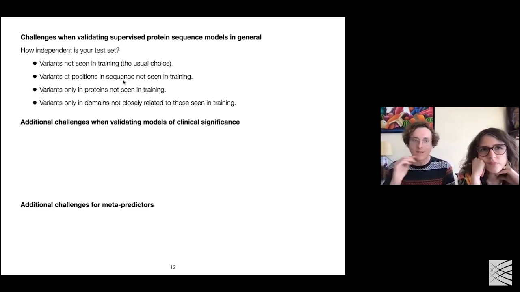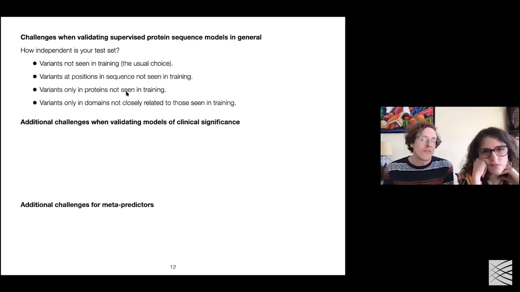So maybe as a better test of the generalizability of the method, you might want to do your test train split to avoid having in your test set any variants at positions that were seen during training. However, you could take it even further and say, well, I'll only look at variants in my test set that are from proteins that haven't been seen in training.